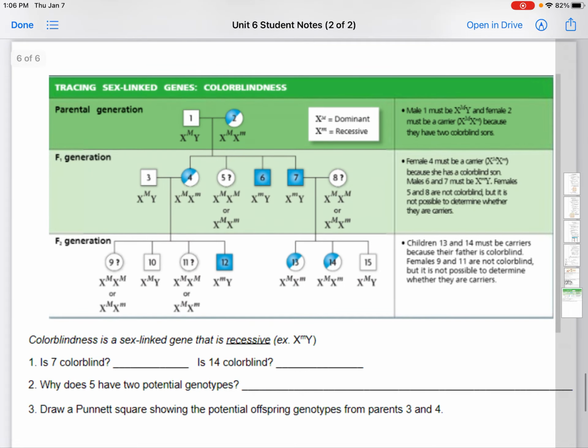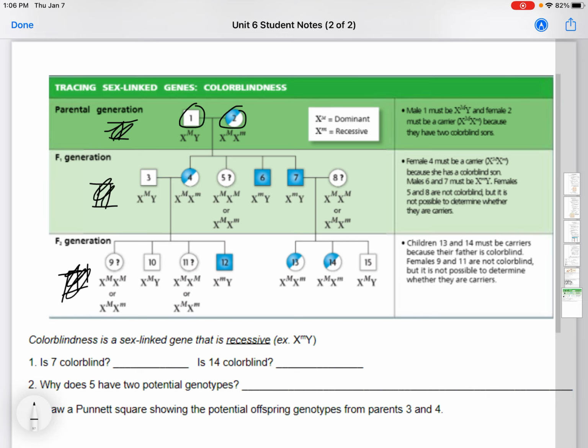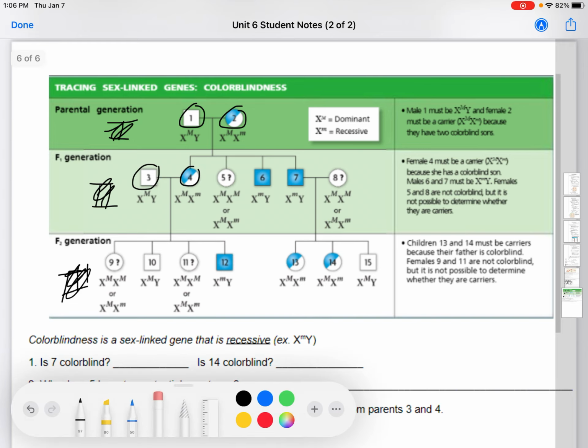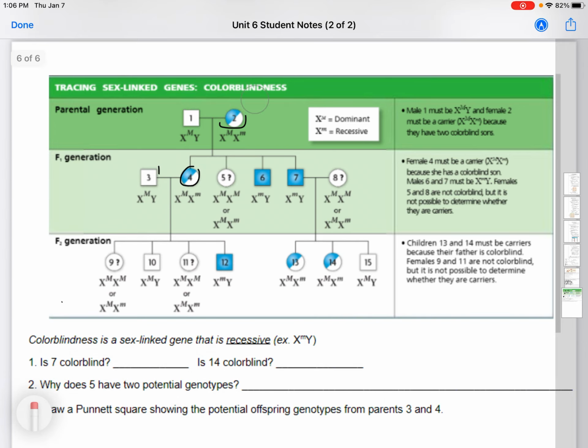So let's look at this chart, and we'll answer a few questions. Take some time now. Look at some differences here. Notice that there's no Roman numerals over here, and that's okay. It's just a different way to look at it. We don't really need those because in this chart, they've actually numbered 1, 2, 3, 4. They're just simply numbering the individuals.